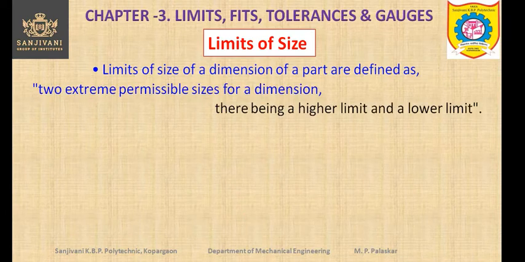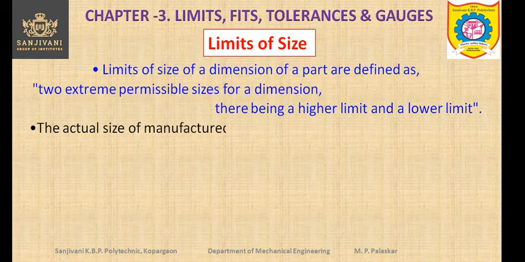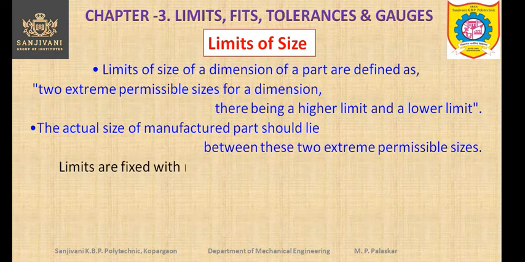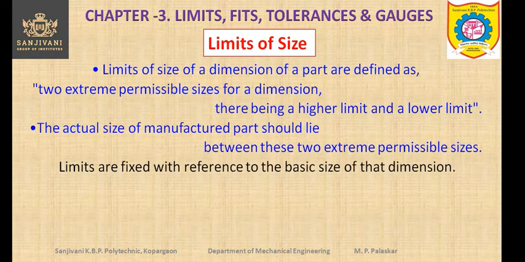So we are having the higher limit and the lower limit. The actual size of the manufactured part should lie between these two extreme permissible sizes for appropriate functioning of the component, and the limits are fixed with reference to the basic size of that particular dimension.